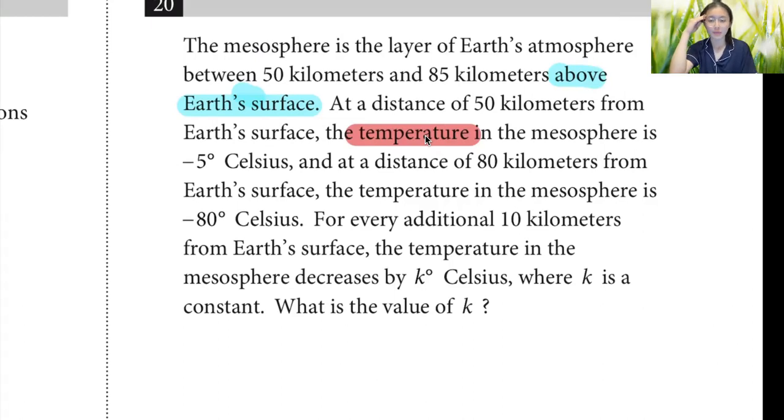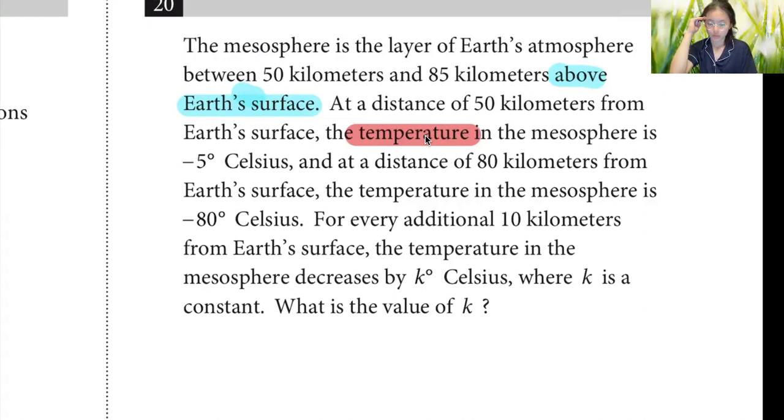And at a distance of 80 kilometers from Earth's surface, the temperature in the mesosphere is -80 Celsius. For every additional 10 kilometers from Earth's surface, the temperature in the mesosphere decreases by K degrees Celsius, where K is a constant. What is the value of K?